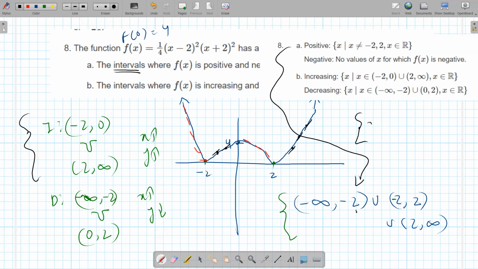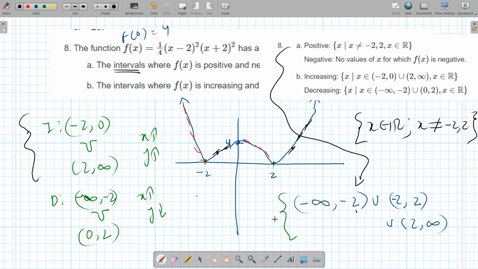So you would do x ∈ ℝ, I don't know if you write a colon or a dash, and then x cannot equal -2 and 2, close curly bracket. It's because at -2 it's at exactly 0, and at 2 it's also at 0, and they don't count as positive or negative.